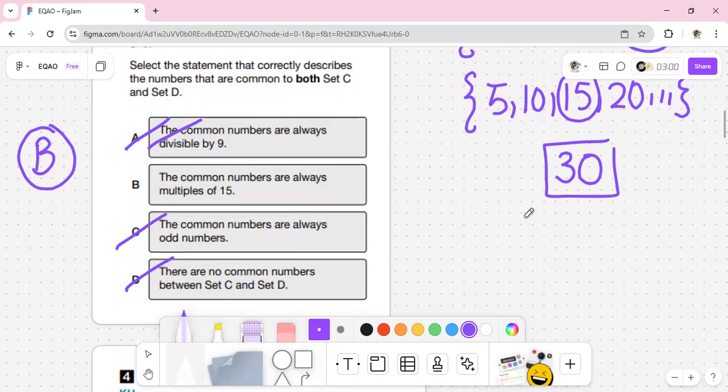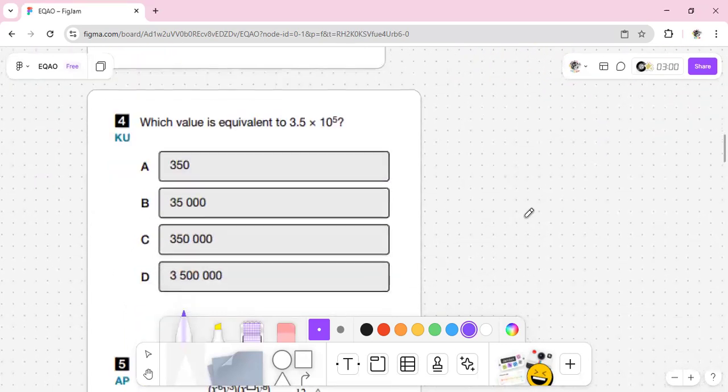Now we're going to move on to a question on scientific notation, which is something you are introduced to at the very beginning of your grade 6, 7, 8 years in elementary school, but you might have come across in our high school curriculum as well. We want to find a number that is equivalent to the scientific notation form of 3.5 times 10 to the power of 5.